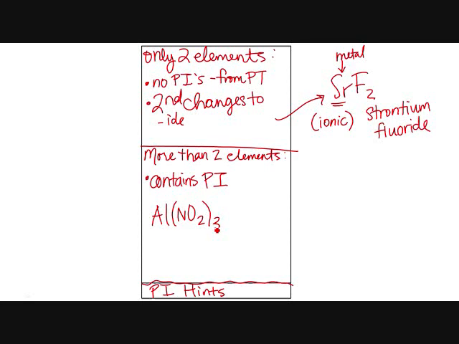Remember, polyatomic ions can sometimes be in parentheses, and that can help you point that out. This would be called aluminum nitrite. And again, this is also ionic because it has a metal, which is aluminum. Okay, so hopefully this helps you. You need to ask yourself these questions as you're looking at different compounds to help yourself out.